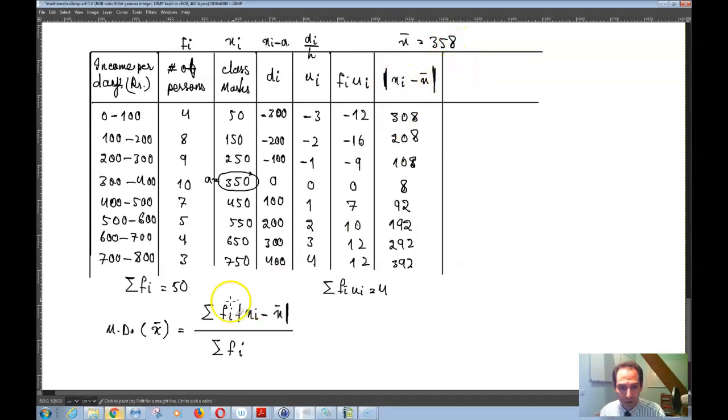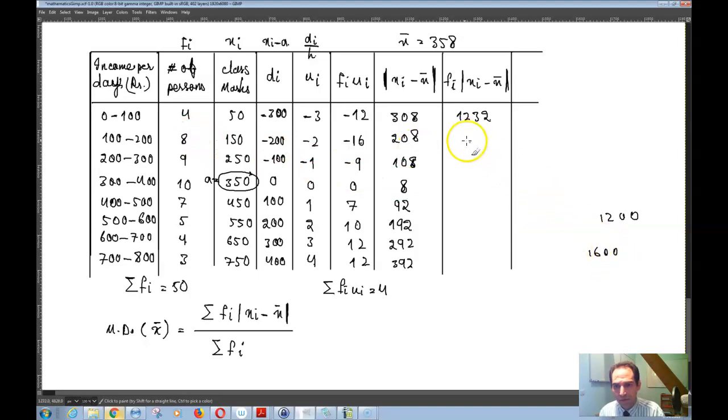Now f of i times the absolute value of x of i minus x bar: f of i is this column over here, times this column. 4 times 308 is equal to 1200 and then 32, 1232. 8 times 208 is 1664. 8 times 8 is equal to 64.